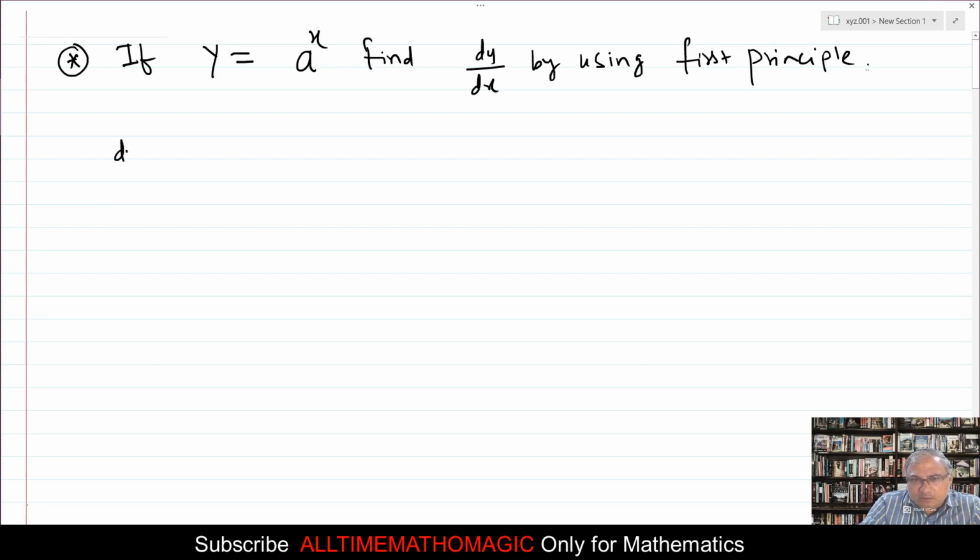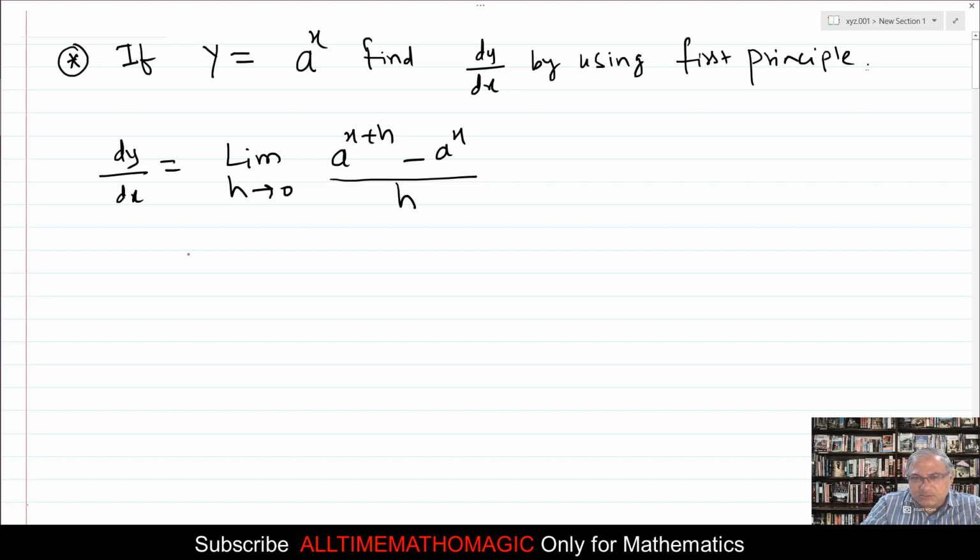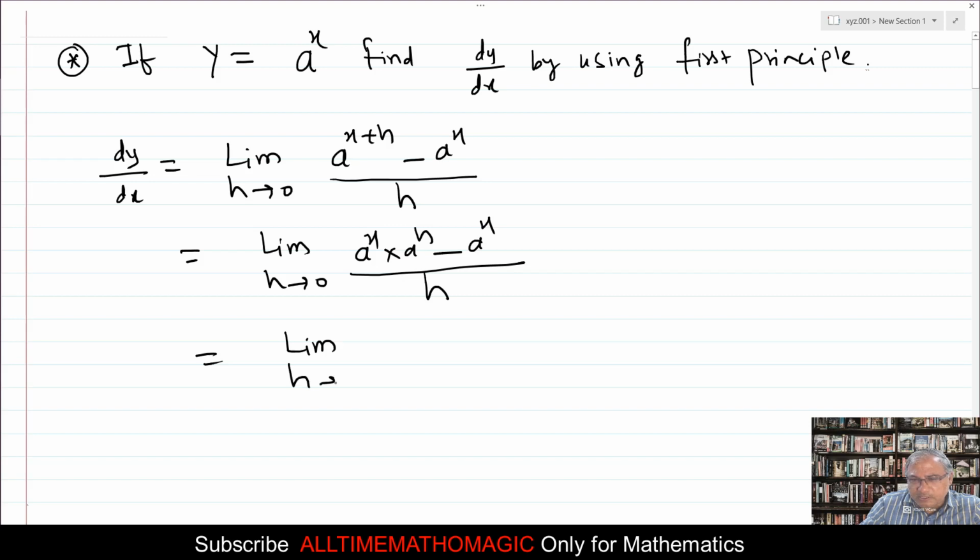Steps are as usual. dy by dx equals limit h tending to 0, a raised to x plus h minus a raised to x upon h, equals limit h tending to 0, a raised to x into a raised to h minus a raised to x upon h, equals limit h tending to 0, a raised to x common, a raised to h minus 1 upon h.